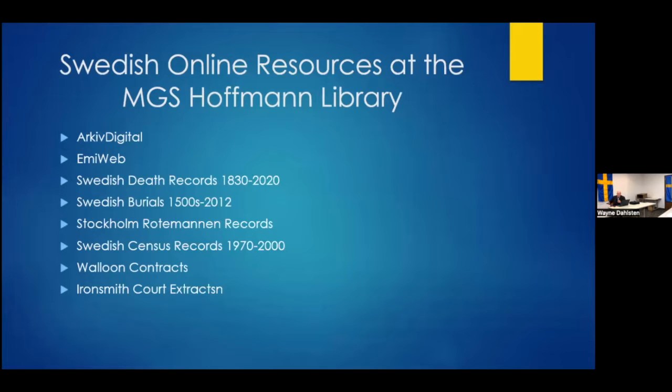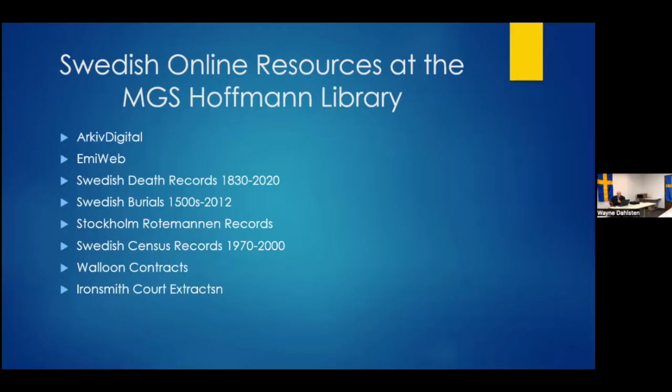It's all of the church records that exist today. In addition to that, there are over 100 other collections on ArkivDigital. They have 90 plus million images, so there are court records, prison records, photographs of homes and people, just a plethora of information.